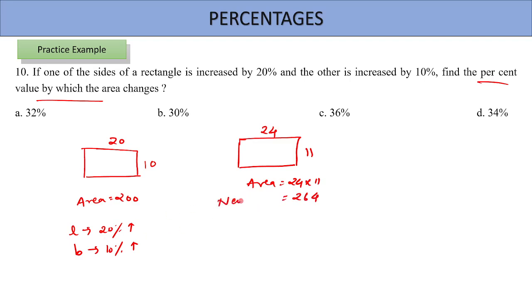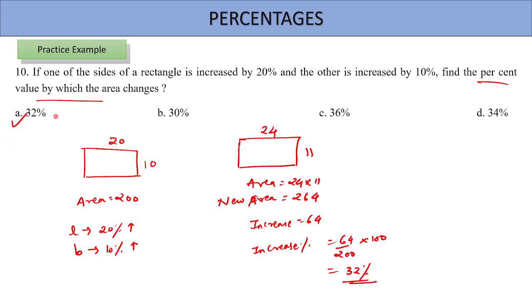So this is my new area. I have to find the percentage change. So there is an increase of 64 and the increased percentage will be 64 by 200 into 100, which is 32 percentage. Option A is the correct answer.